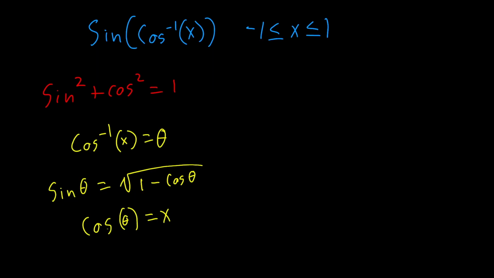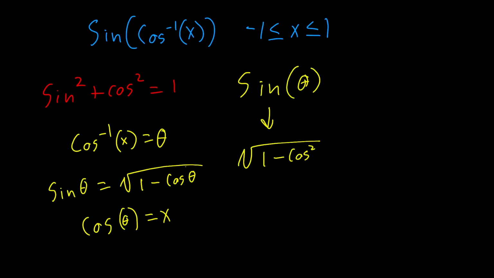With all of this information in place, let's start plugging things in. We can have the sine of theta, because arc cosine of x is equal to theta. And so we're going to turn this entire arc cosine of x into theta. Then we can turn sine of theta into the square root of 1 minus cosine squared of theta.